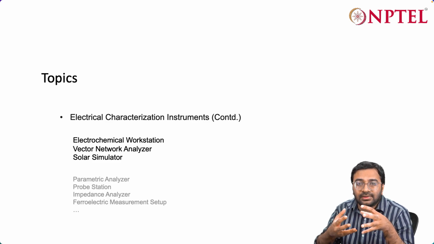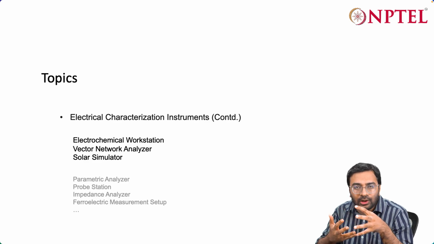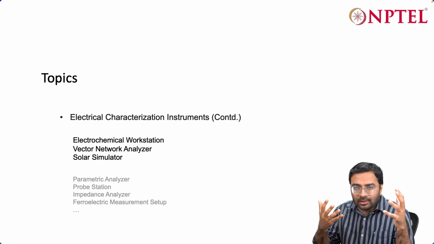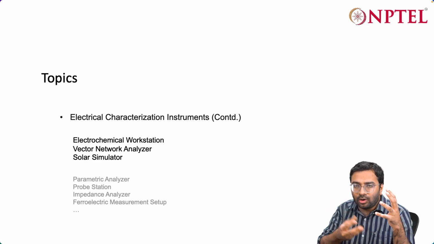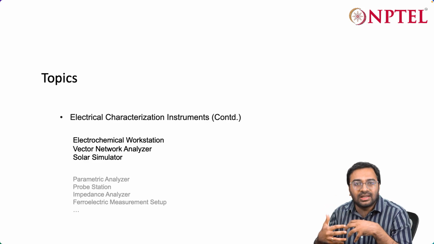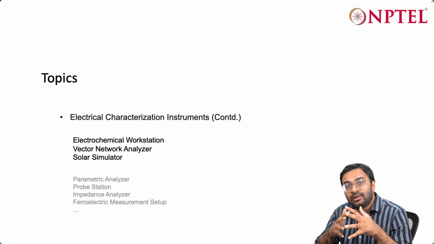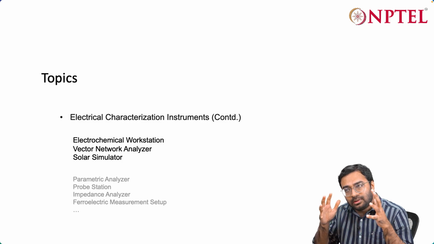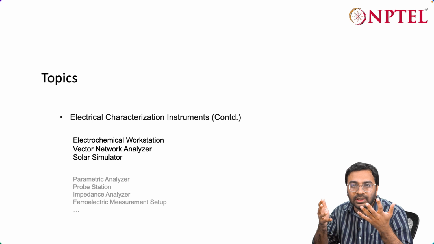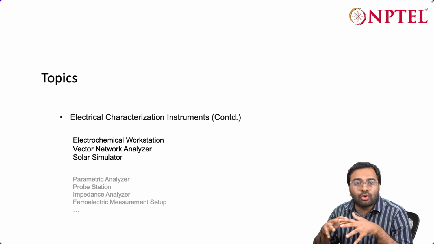The idea is, if you want to characterize, say, a photodetector, a photodiode, or a solar cell, then you can put this particular sample or sensor inside this solar simulator and do characterization at various wavelengths. Or in fact, you can simulate the typical outside sun that you usually get in a day, and there are different standards. That is why it is called a solar simulator.